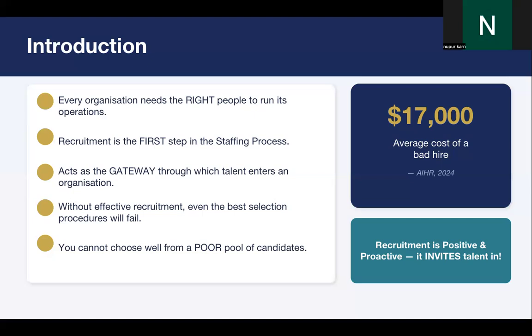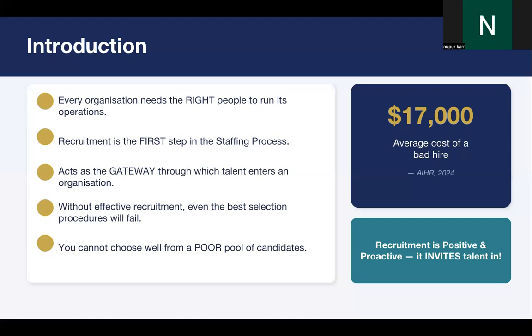Because if we hire a person who is not a great fit for the organization, there is not just the cost of rehiring, there is also the cost of training that employee and productivity lost. So we are going to lose a lot of money if we are hiring a not good fit for the organization.